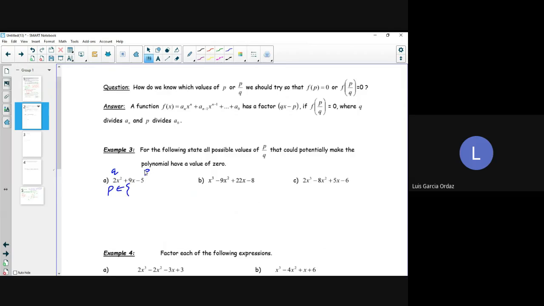What are the factors of 5, of negative 5 at least? 5 and 1. What are the factors of q, which is 2? 2 and 1, or negative 2. And then what if we have p over q? What does that include?